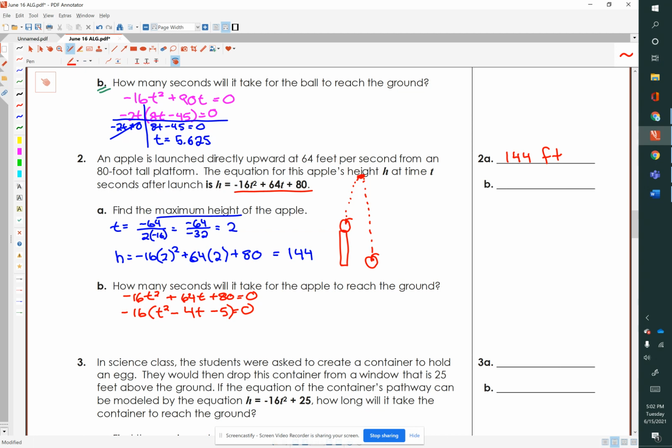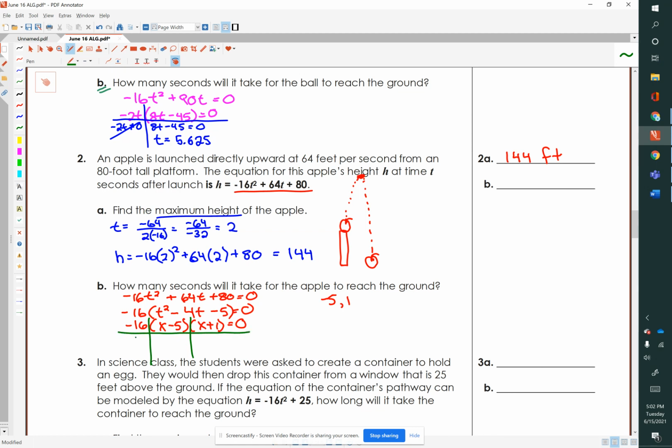We need two numbers that add to negative 4, multiply to negative 5. So that would be negative 5 and positive 1. So we have negative 16, t minus 5, t plus 1 equals 0. And let's solve and see what we have for an answer.